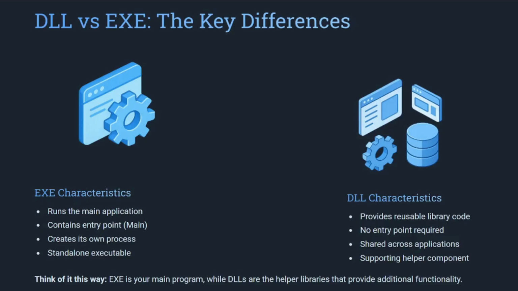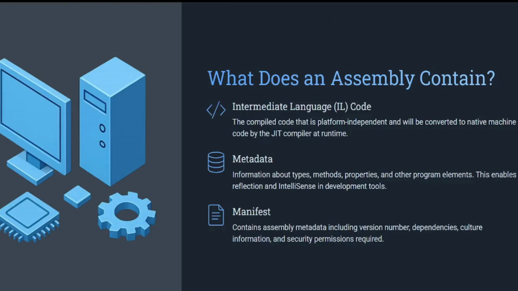Now let's see what is actually inside an assembly. An assembly is not just a single piece, it contains a few important components that make execution possible. There are mainly three things inside an assembly. First is the IL code. This is the compiled version of your program and it is platform independent. Later, during execution, JIT converts this IL code into machine code. Next is metadata.